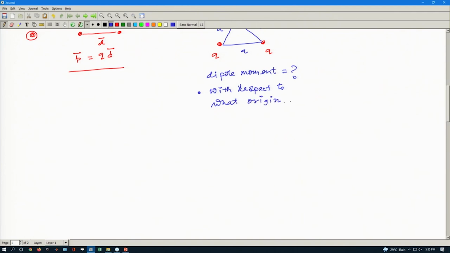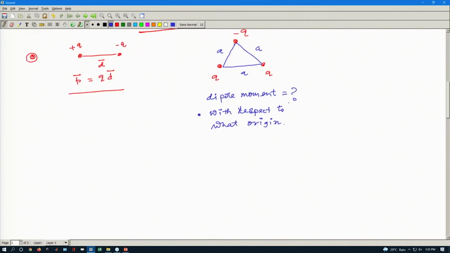Later we will see a very important thing: when the total charge is 0, the dipole moment does not depend on the coordinate system. But if the total charge is non-zero, as here, where the total charge q is non-zero, I have plus q, minus q and plus q, which gives me a total plus q, which is not equal to 0.